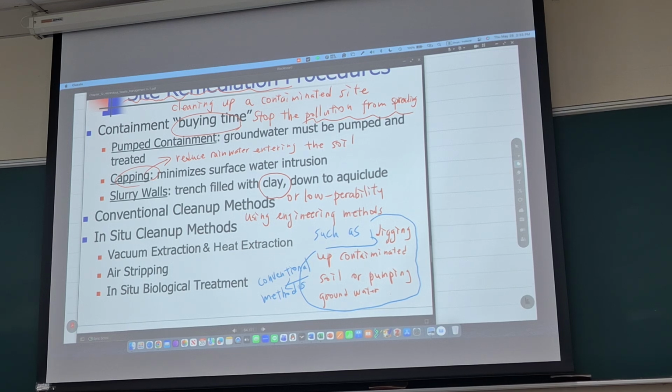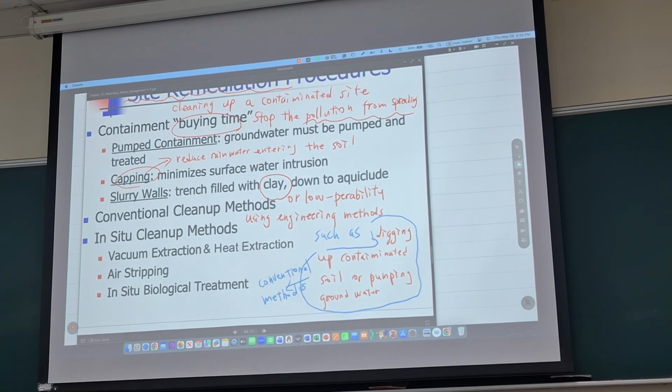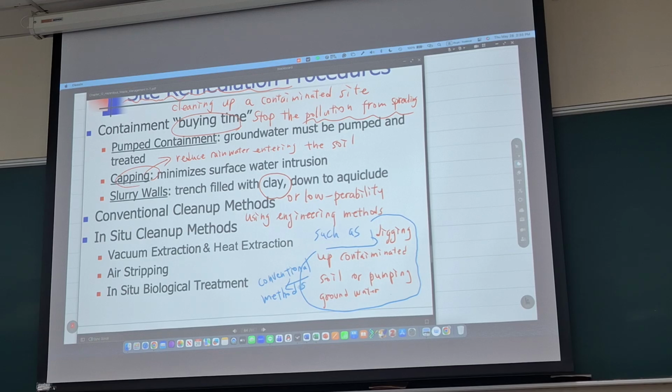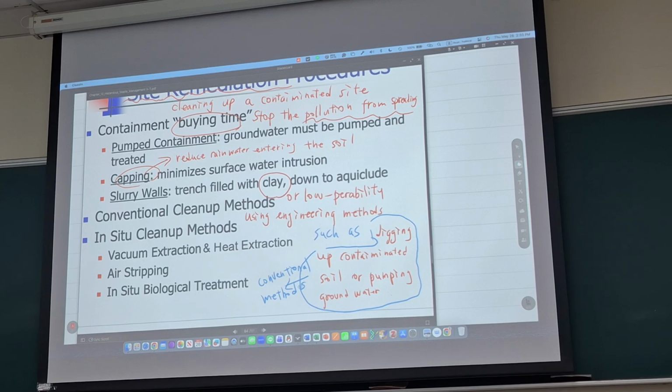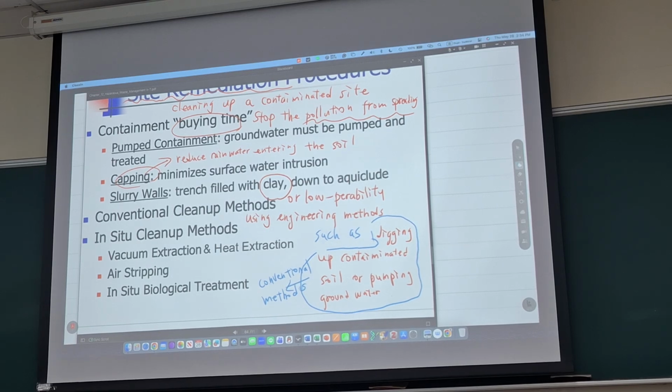So we try to remove or treat the pollution using the common engineering method, conventional method, such as digging up contaminated soil or pumping up polluted groundwater.